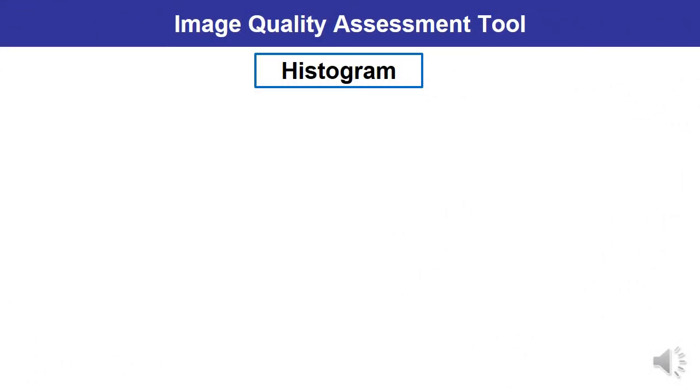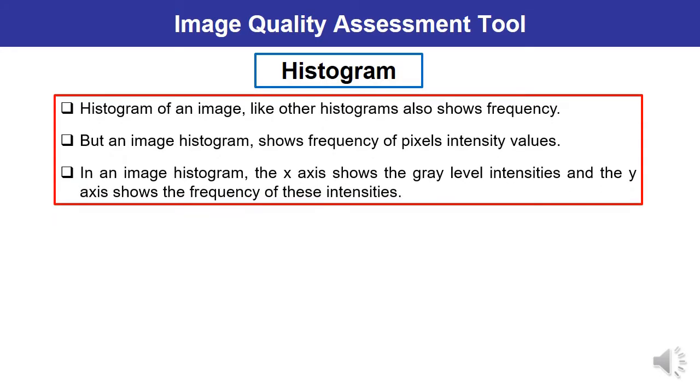The next topic for today's lecture is the Image Quality Assessment Tool. For image quality assessment, the histogram is one of the important tools which defines the image quality and via which image quality assessment can be done. The histogram of an image, like other histograms, also shows frequency, but an image histogram shows the frequency of pixel intensity values.